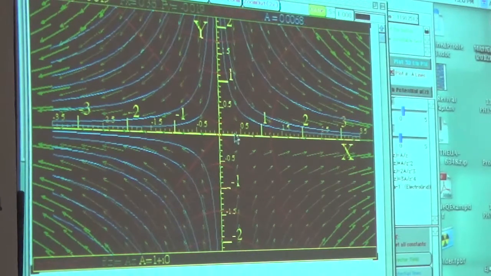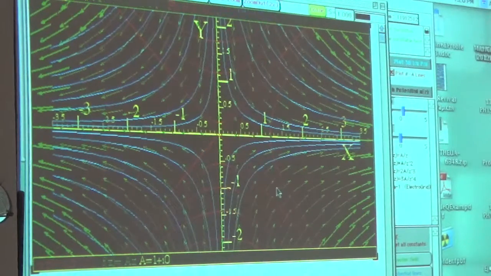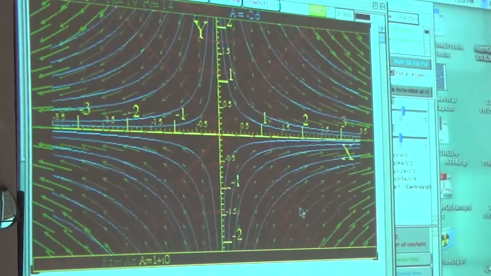Everywhere that a flow line crosses the other hyperbolas, there is a hyperbola that is orthogonal at every point to the hyperbola it might be crossing at any given moment. So that's the complete picture, sort of complete.